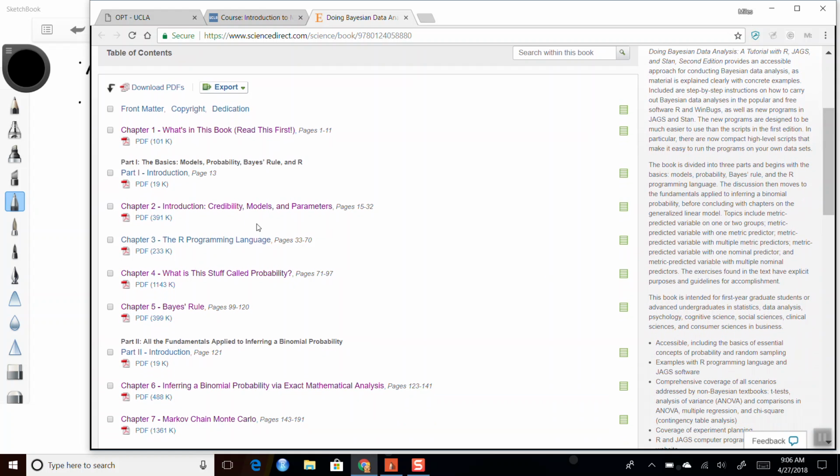So I recommend reading Chapter 2. This kind of gives you a big picture overview of what Bayesian statistics is all about. If you need to, you can review Chapter 5 on Bayes' rule, but I'm hoping you guys remember Bayes' rule from your probability classes and whatnot.